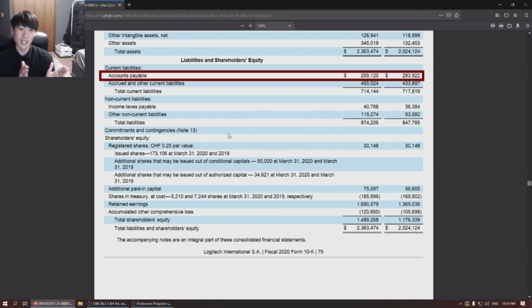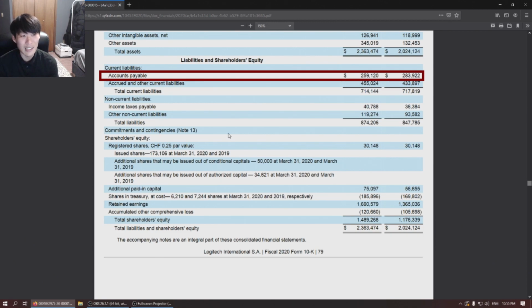In the next 12 months, they have to pay out $259 million, maybe to raw material companies that help produce the plastics, or chip manufacturers for the chips that they use in these products. So they still have to pay money to other companies, and that is called accounts payable. They currently have accounts payable of $259 million to other companies.